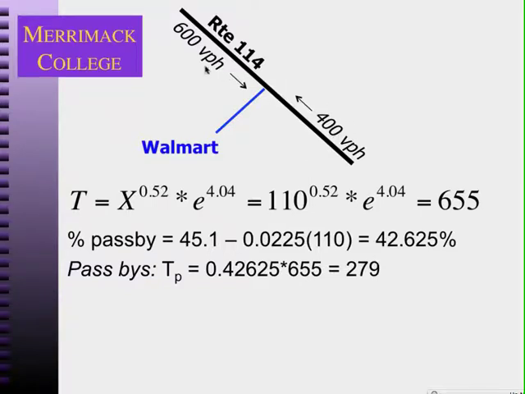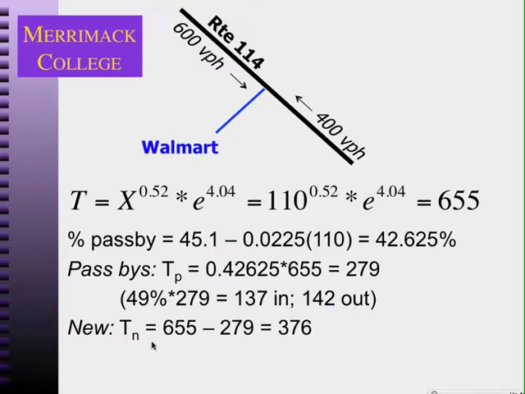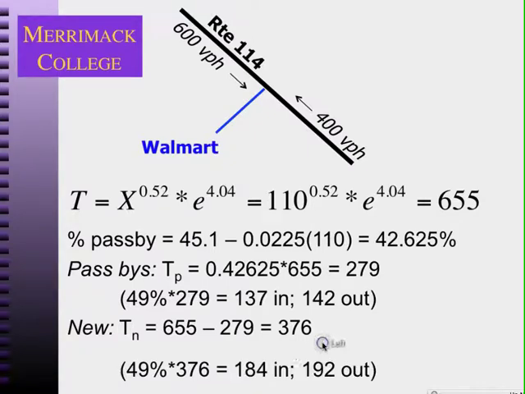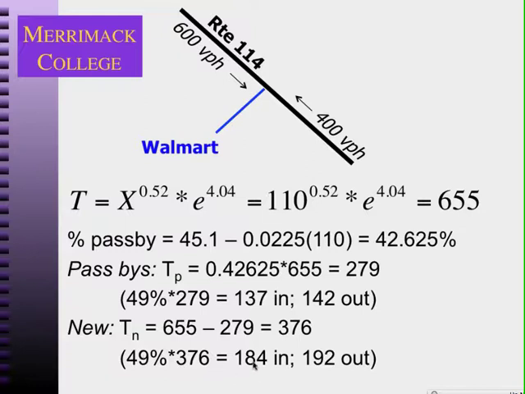They'll be existing trips already on the road that will come into the shopping center, and 49% of those will go in and the rest will go out. Similarly, for new trips, there's 655 total minus the pass-bys, which gives how many new trips will be made specifically for the purpose of going to Walmart. And 49% of those, again, will go in, and 192 will go out.